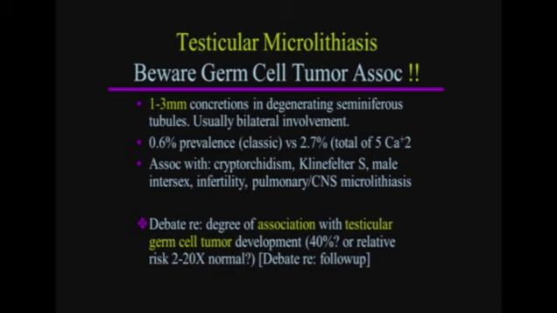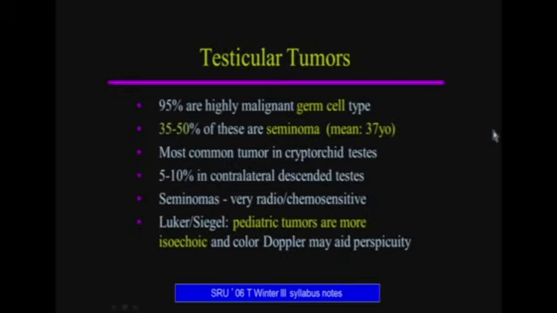Debate continues. A number of people desire that these patients be followed at least a couple of times on a six-month to one-year basis. But beyond that, it's very difficult to get patients to come back.